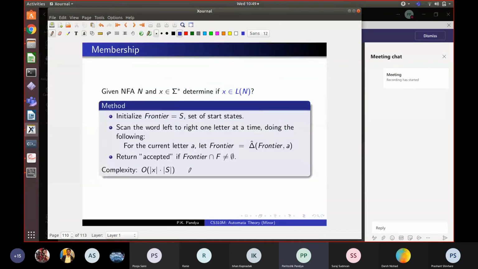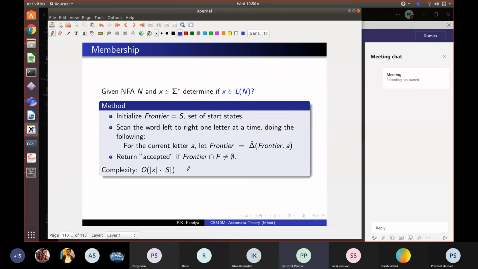Now, how much time will it take? Well, you will have to do this simulation for as many steps as the length of the word. And at each stage, you will have some subset of states in your frontier, and each of those states will give rise to a subset of states. So potentially you will have something proportional to the number of states in your frontier. And so your upper bound on the algorithm will be the length of the word multiplied by the number of states.